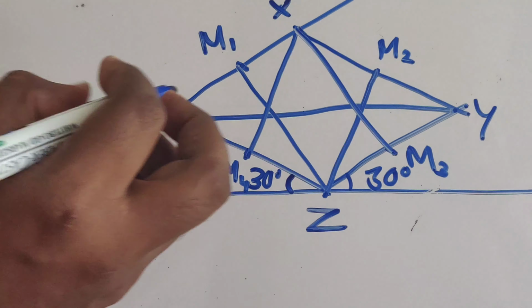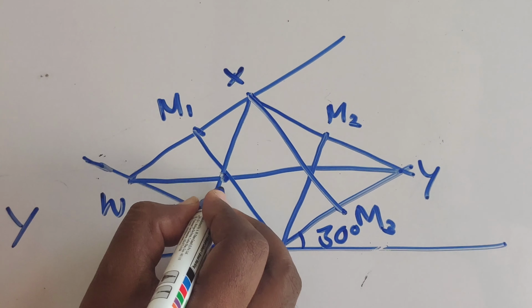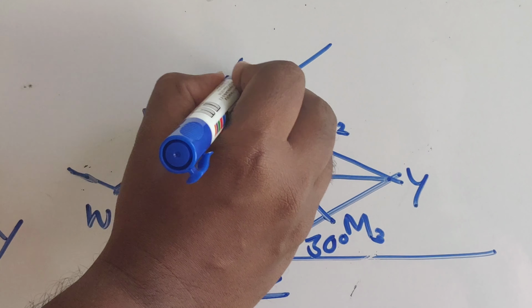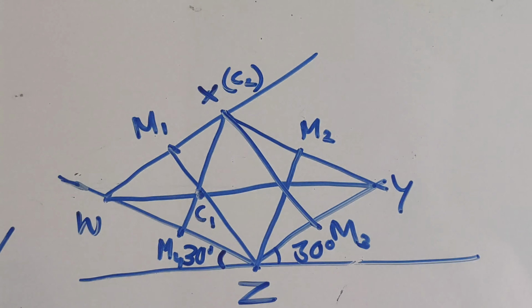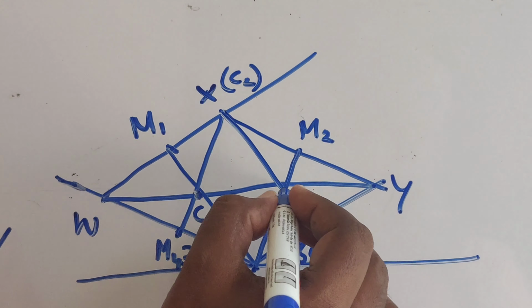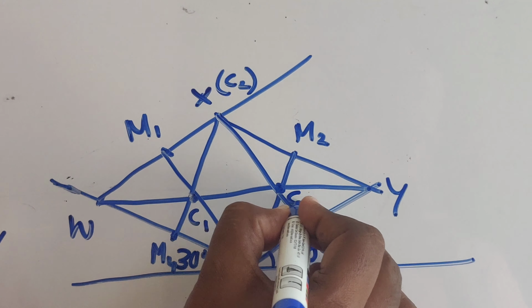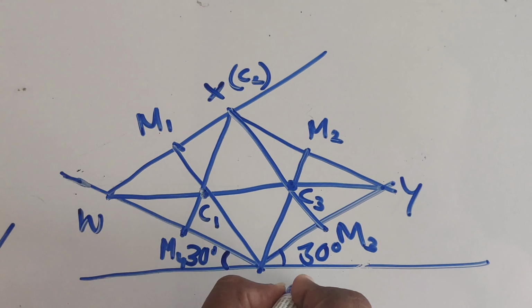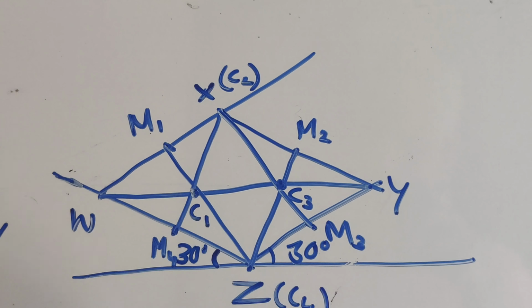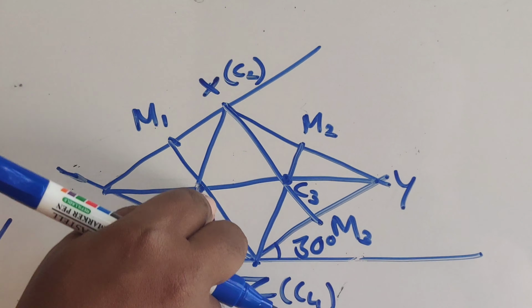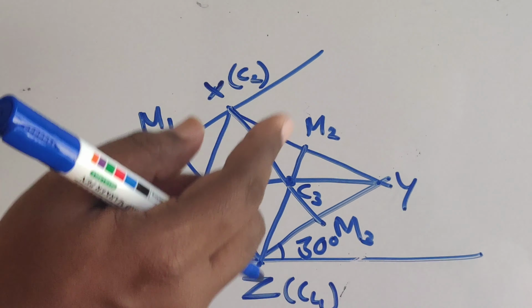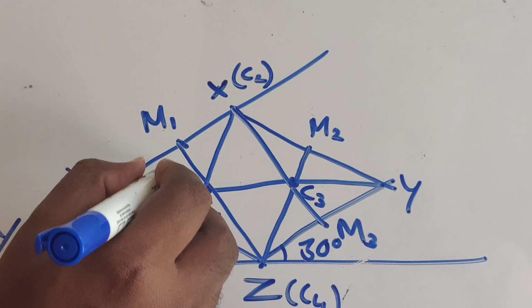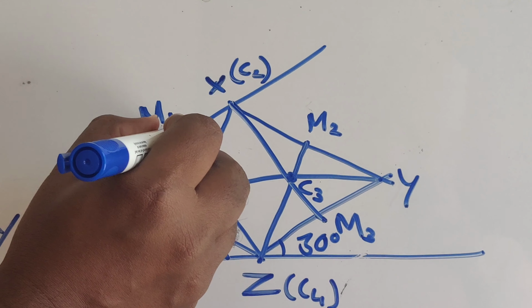Which are the four centers? This can be marked as center 1, say C1. The next center can be considered to be X itself, that is C2. The next one is C3, and finally along Z you will have the last center, that is C4. So you are having C1, C2, C3 and C4. These are the four centers. Taking C1 as center, C1 M1 as radius, we can draw an arc.